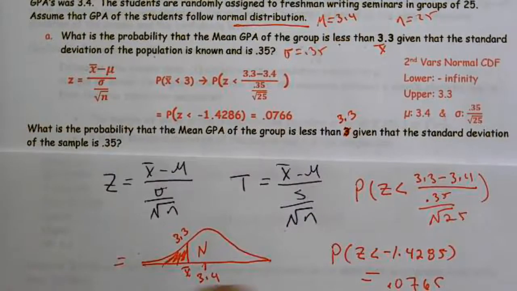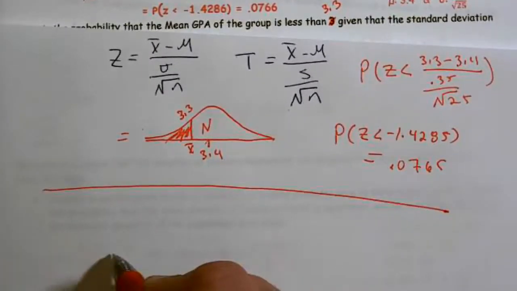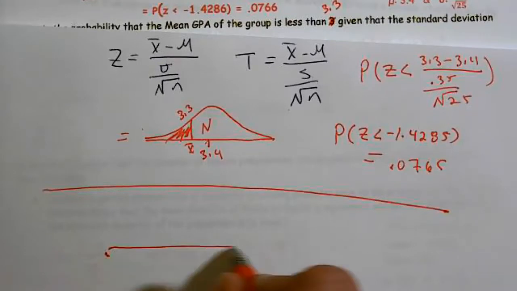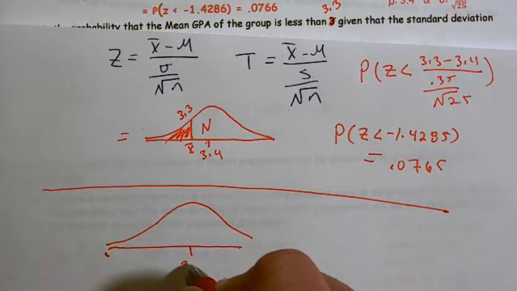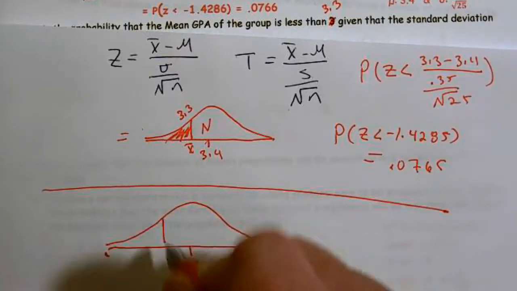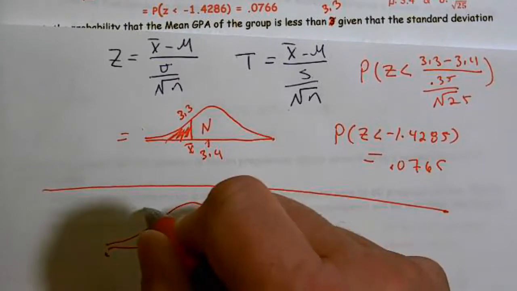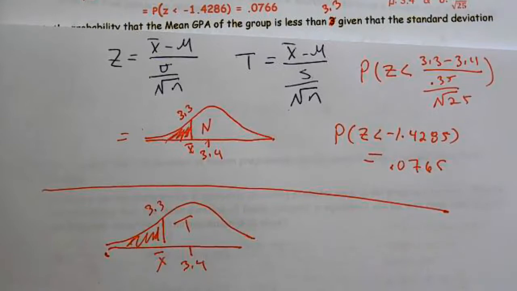So now we're going to do the same thing, but using a t-distribution. My curve is still centered at 3.4. We have an x bar of 3.3. So really I have exactly the same picture.